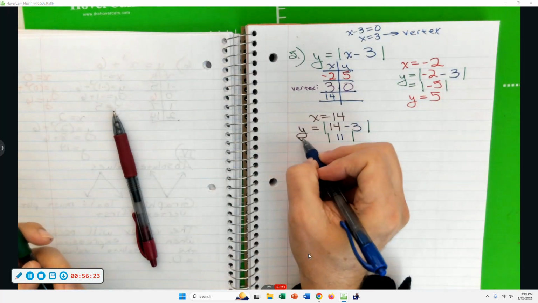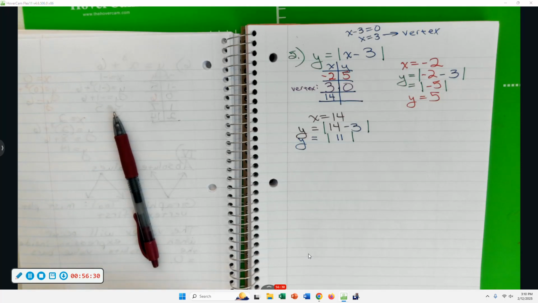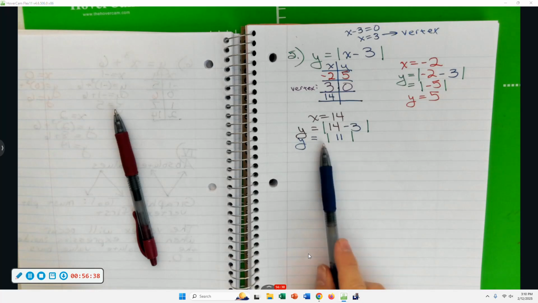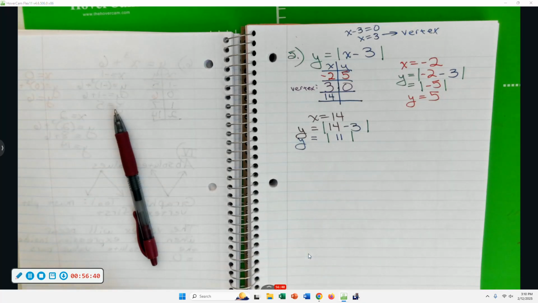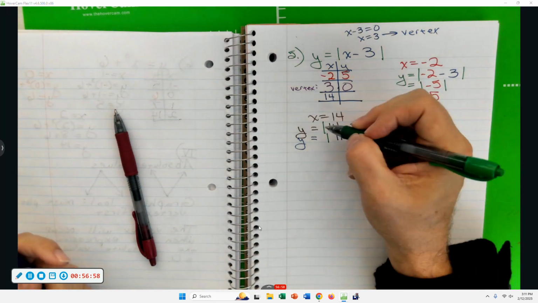See, that's why they chose 14. They want to trick everyone, because it looks like you just wrote 1,111. My students know it's the absolute value of 11, okay? So my students are smart. 114 minus 3 cannot be 1,000 something.